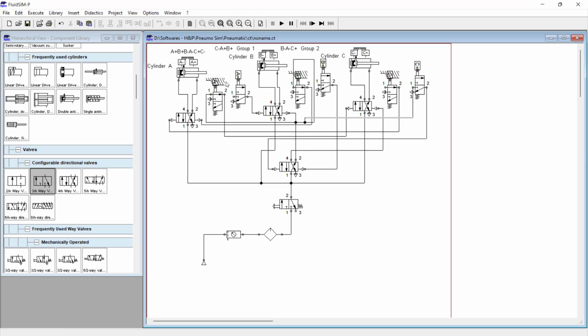Similarly, C minus receives power signal from power line 1. So the power that comes from port 2 is power line 1. The C minus and A plus limit switches receive power signal from power line 1.